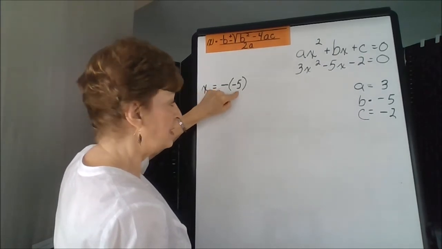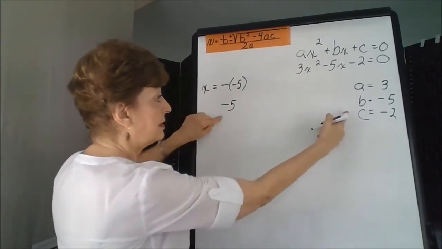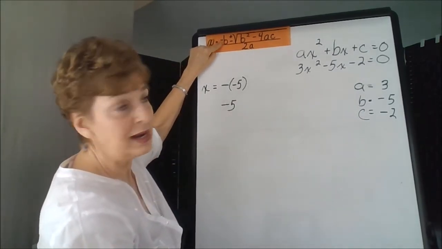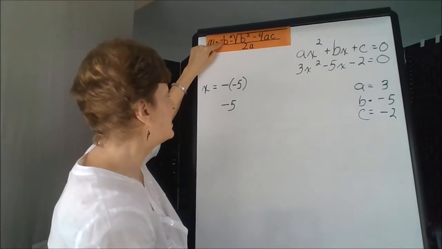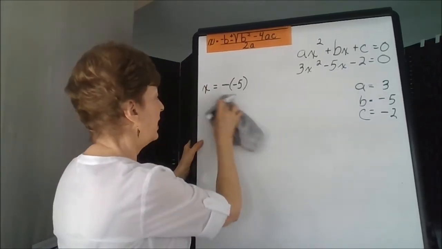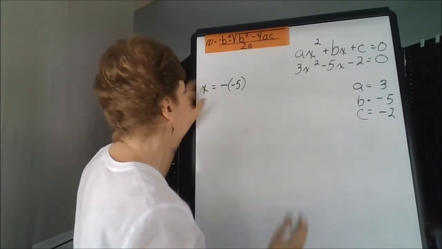If you just put in your negative b, it might look right, but it will really modify your answer quite a bit because this negative sign is already in the formula. That's why I say put it in parentheses so you don't confuse yourself.